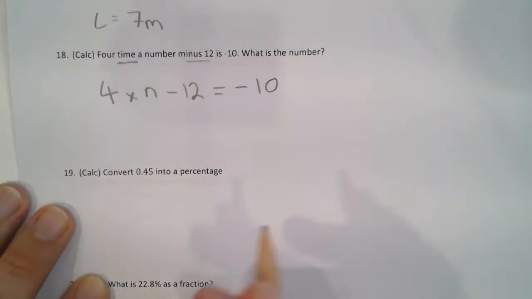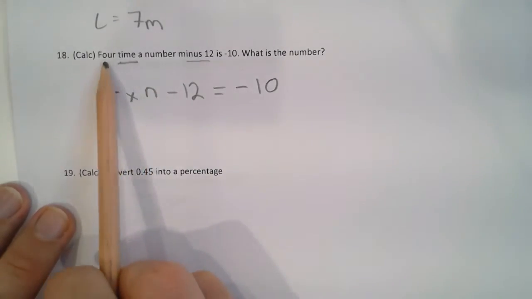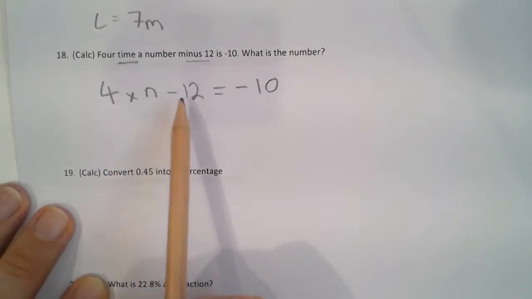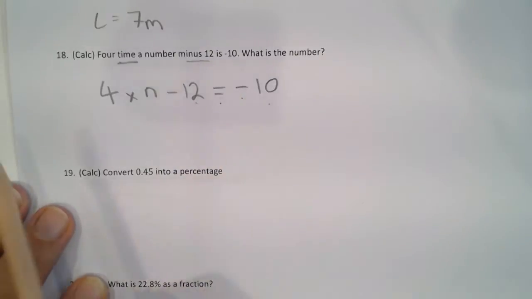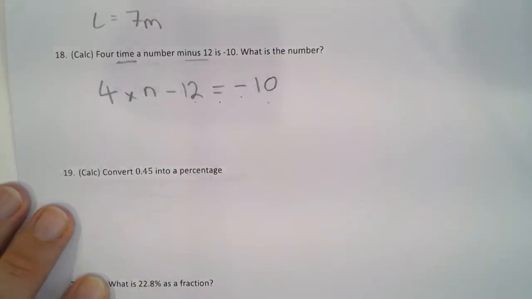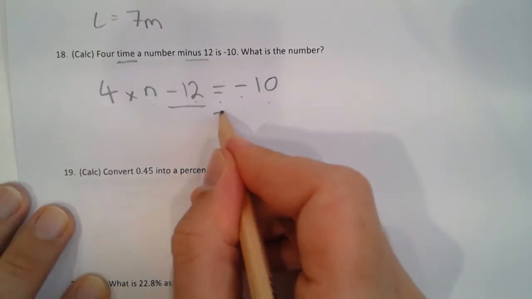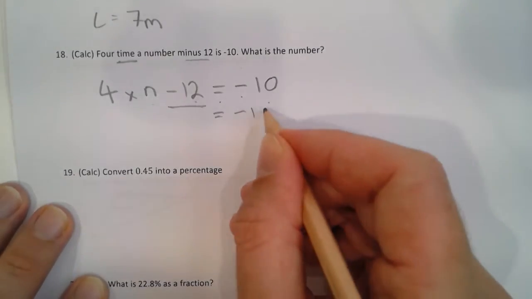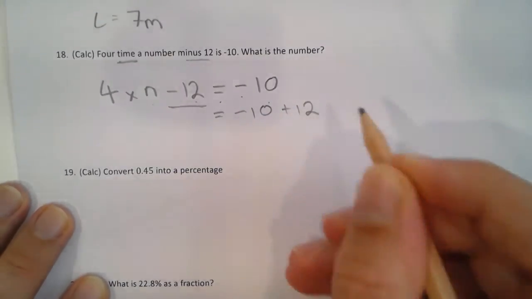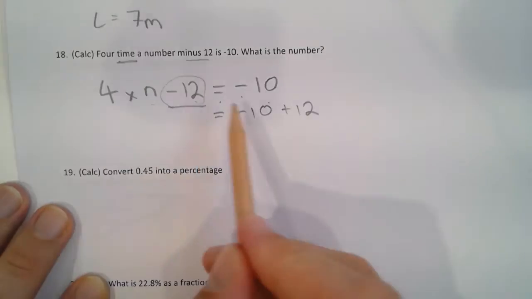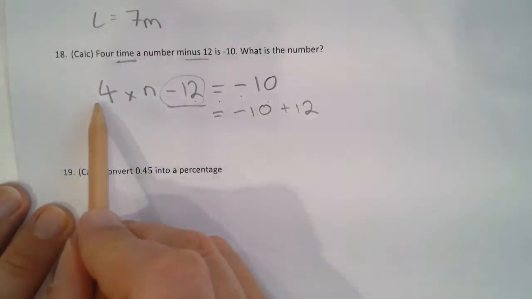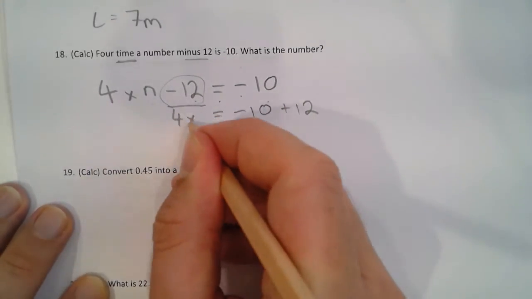First thing I'm going to do is move this minus 12 to the other side, where it becomes plus 12. Because it was a minus 12, it moves over to this side and becomes plus 12. We've just got 4 times n here.